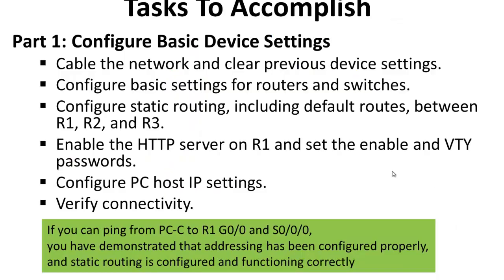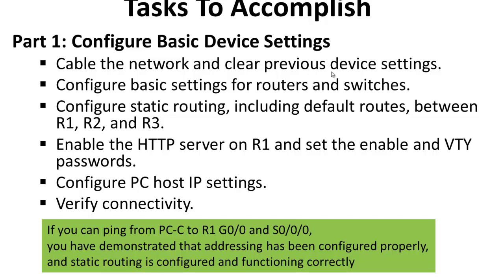And the tasks we need to accomplish in this lab will be: part 1, the basic device configuration. So we are going to do the cabling. In case there is any previous device setting, we are going to clear that.